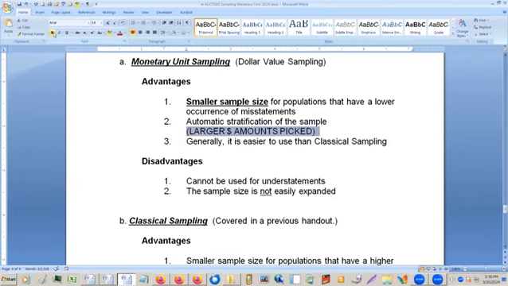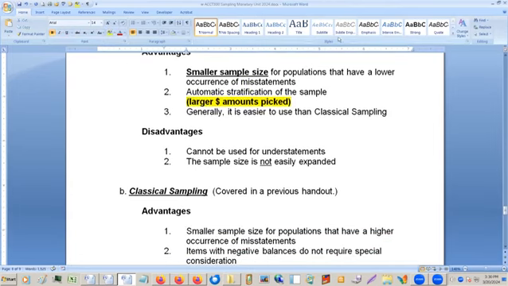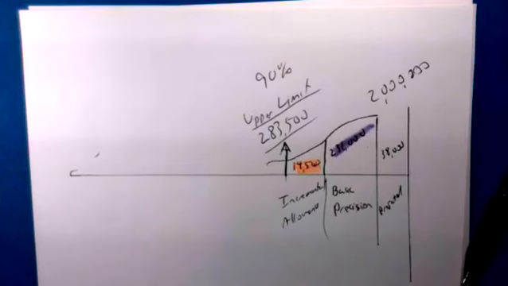This is one of the huge advantages of it. At a certain point, the larger that they start cooking the books, the more likely it's going to get caught. So it automatically picks those larger items that are more interesting.